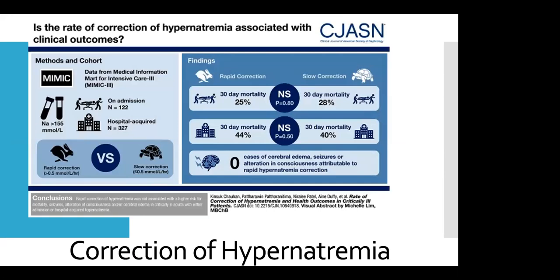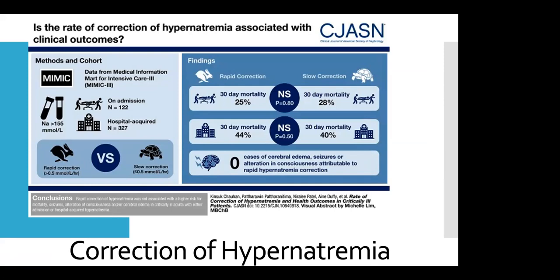done to look at correction rates and see if either a more rapid or more conservative approach had any difference. So you can see here, the way they defined rapid versus slow was either greater than 0.5 per liter per hour or less than. But when you looked at the raw data, the average for the slow was about 10, and the average for the rapid was 14.